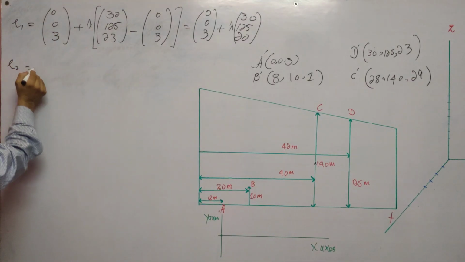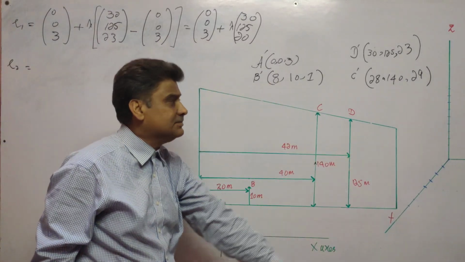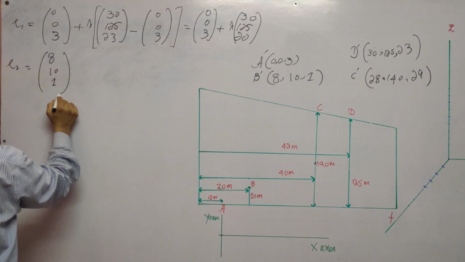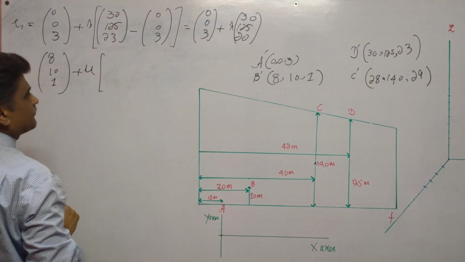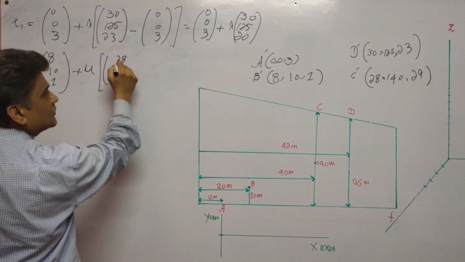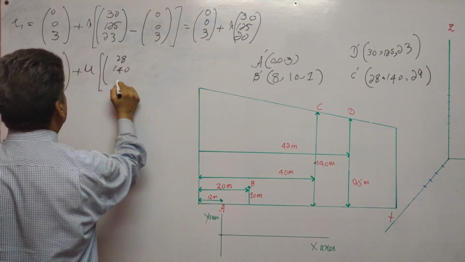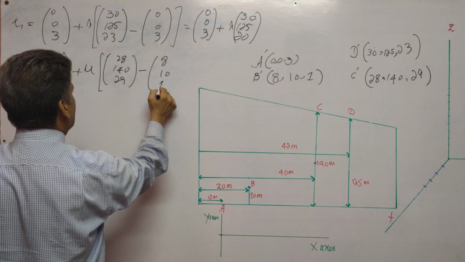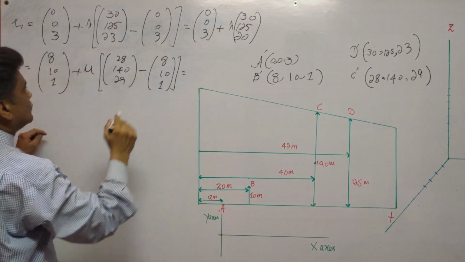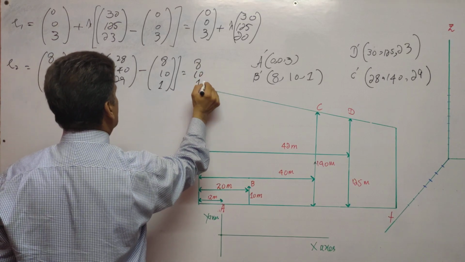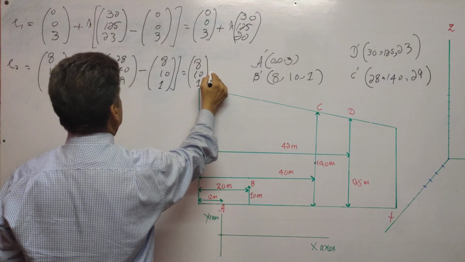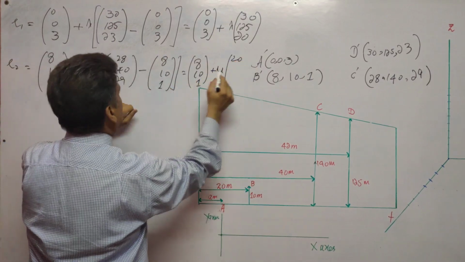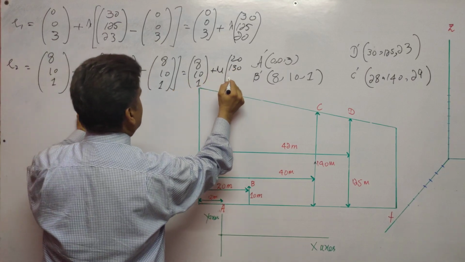We say r2 is the equation of the second beam of light passing through B prime and C prime, which is (8, 10, 1) plus mu times ((28, 140, 29) minus (8, 10, 1)), which will be equal to (8, 10, 1) plus mu times (20, 130, 28).